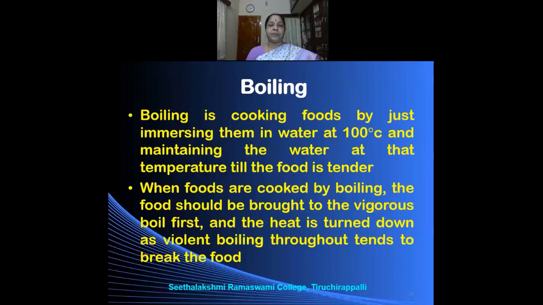Sometimes it may break down and the required consistency of the food may not be available at the end of the cooking process. Therefore, in the beginning, you have to bring the water or whatever liquid to the boiling temperature. The food is added and then later the temperature is reduced so that the food is not broken down.